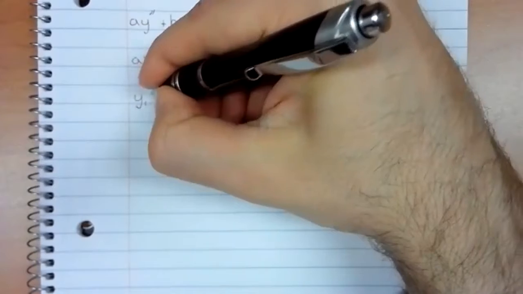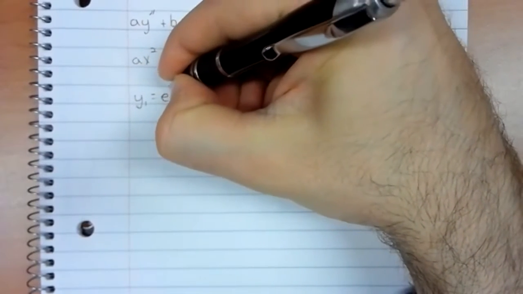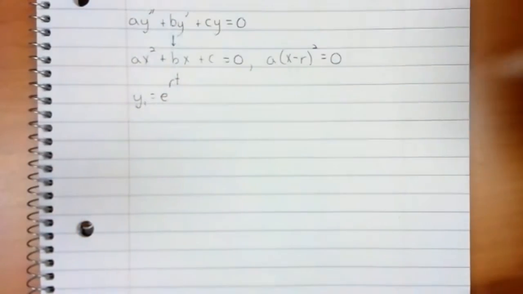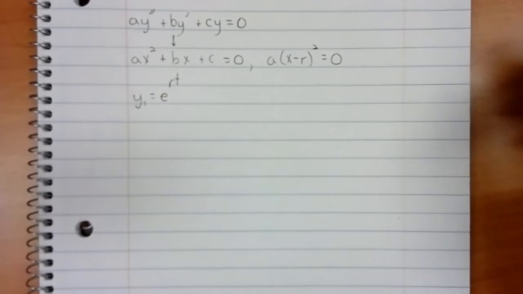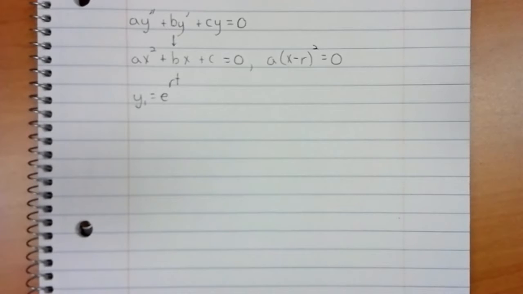We get a solution from this, e^(rt). But for a general solution, we need two linearly independent solutions. What's our second solution? We won't go into detail, but we'll indicate generally where the answer comes from.